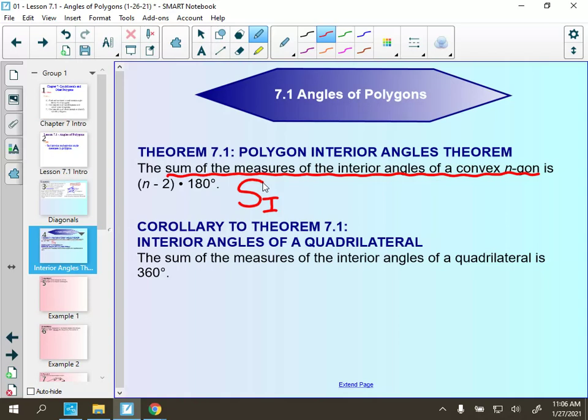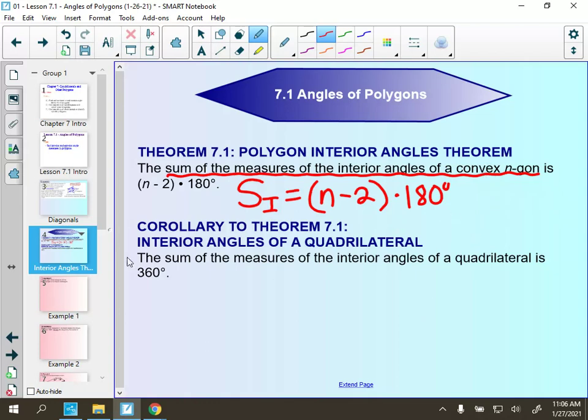So this little S_I stands for the sum of interior angle measures, and it's equal to what we just talked about: n, the number of sides, minus 2, accounting for the fact that we're always 2 triangles short. That tells us how many triangles we're dividing into, and we multiply that number times 180 degrees. I'm essentially restating that's the formula we're going to use for the sum of interior angles of a convex n-gon.